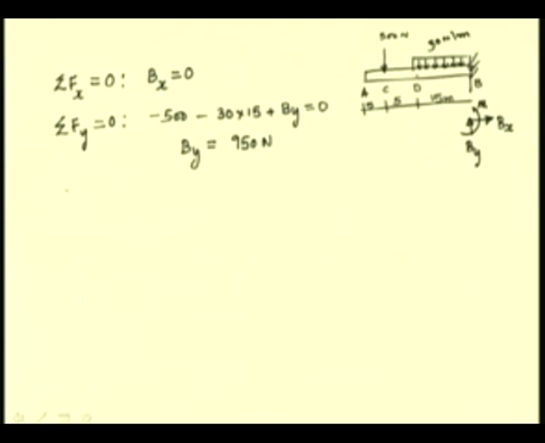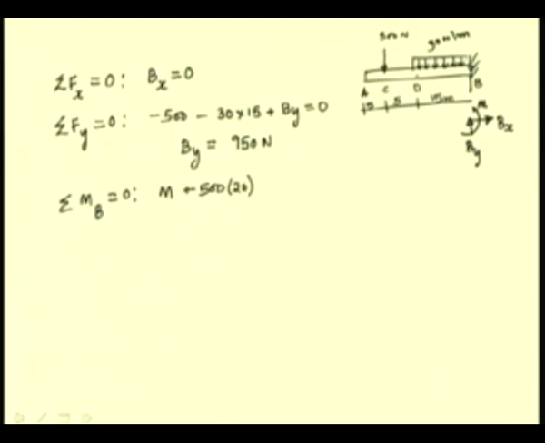For equilibrium, the sum of the moments of all these forces has to be 0 about any point. So, let us consider the point B and sum the moments of various forces and equate it to 0. We have the moment at B, which is a counterclockwise moment, so it is positive. Then we have the moment of this 500 Newton force, whose moment arm is 20 meters. So, we have 500 into 20.